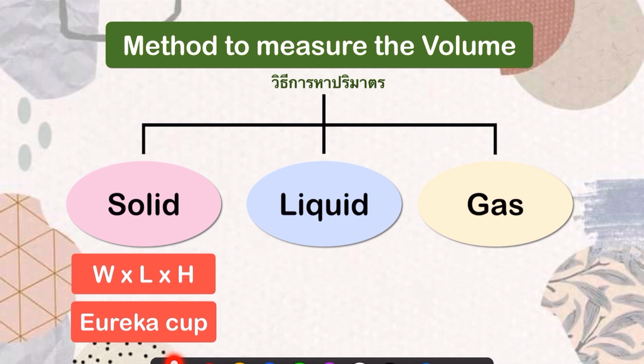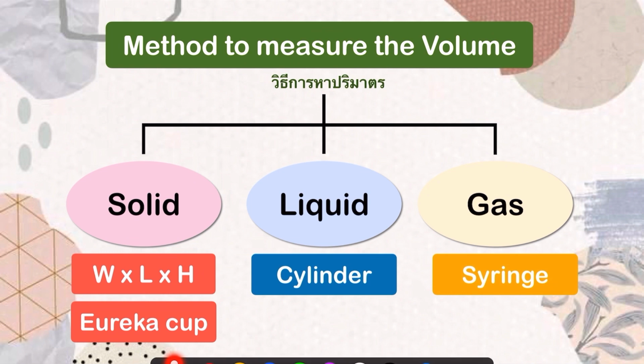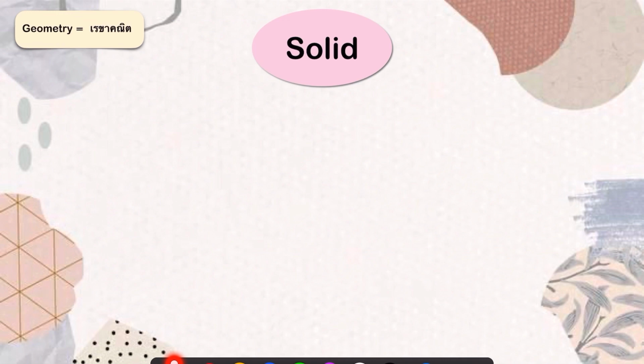What about liquid? You can find the volume of liquid by using a cylinder. And gas, we can find the volume of gas by using a syringe.